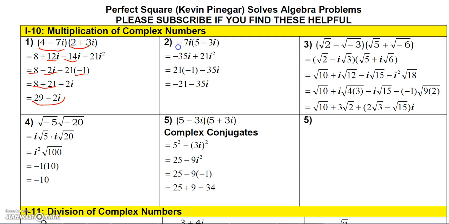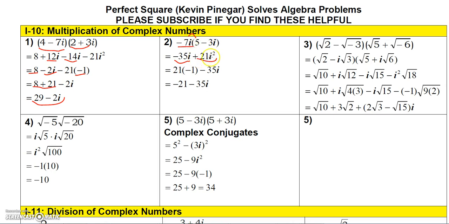Now, if you just have the i portion multiplied by a complex number of the form a plus bi, then you can just distribute. So here I'll multiply negative 7i times 5, and that'll give me negative 35i. And then negative 7i times 3i will give me plus 21i squared.